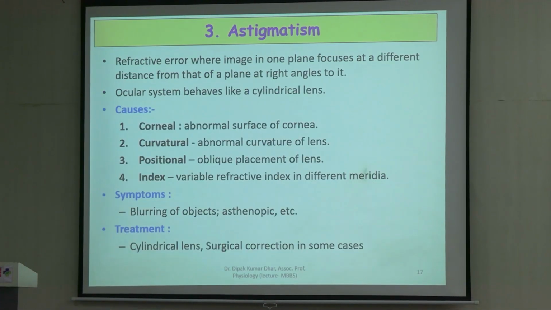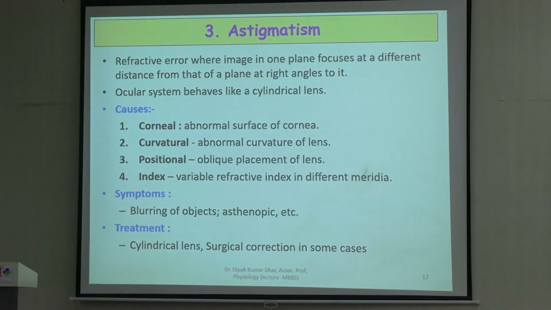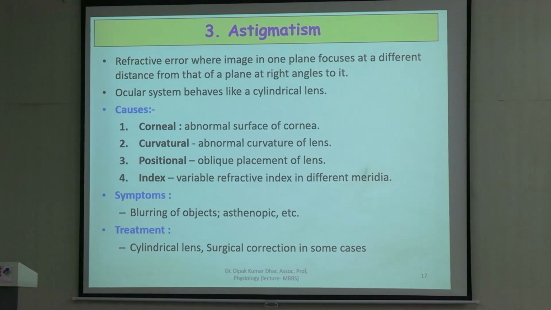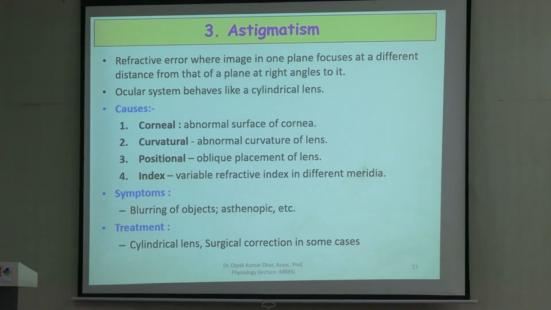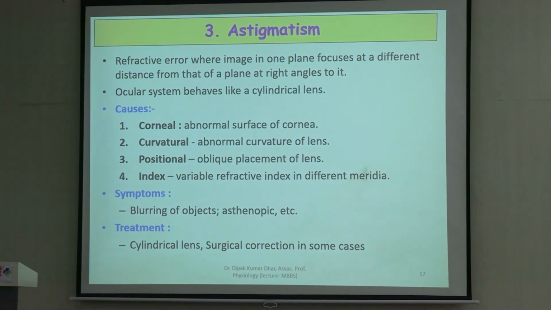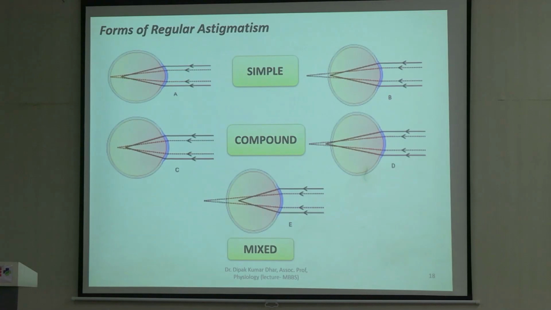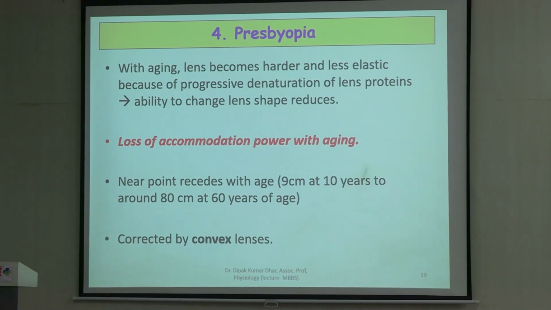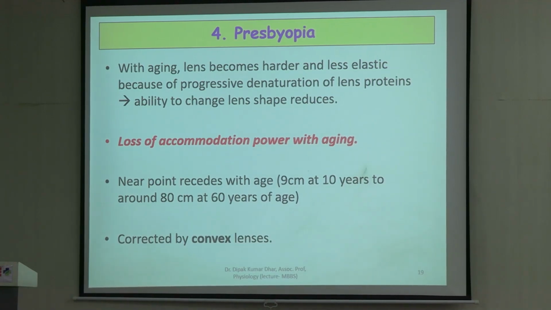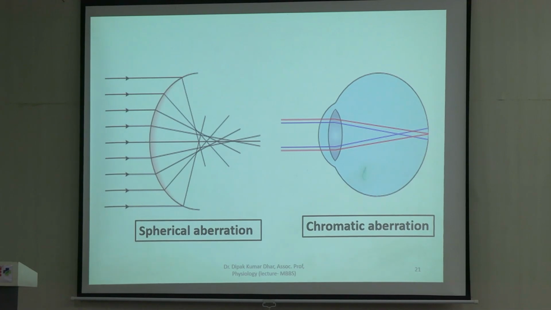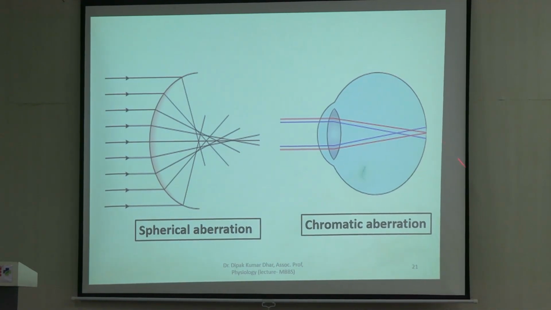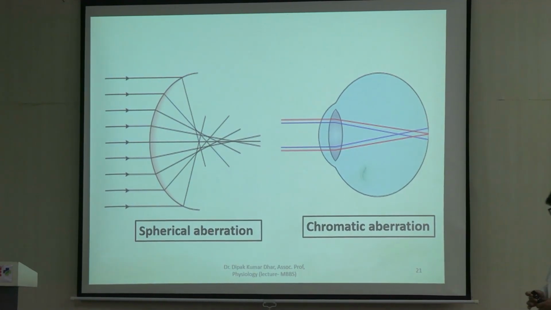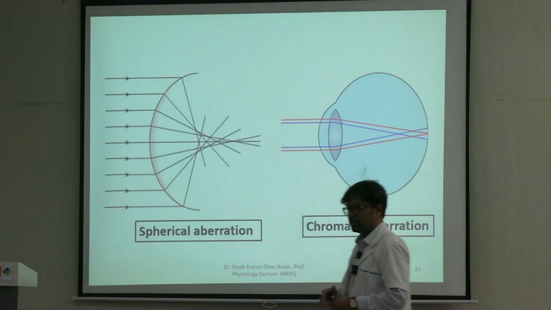We also had astigmatism, right, where the refractive power differs along different meridians: in one meridian it is normal, in the other it is deficient, right. Then presbyopia, a natural aging process where the ability of accommodation reduces. So these are the different refractive errors. So I ended with spherical and chromatic aberration.